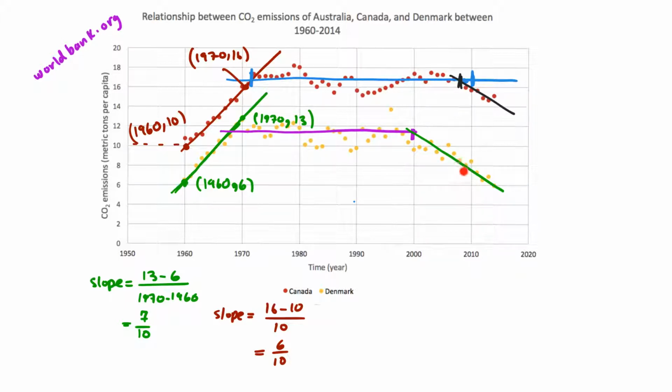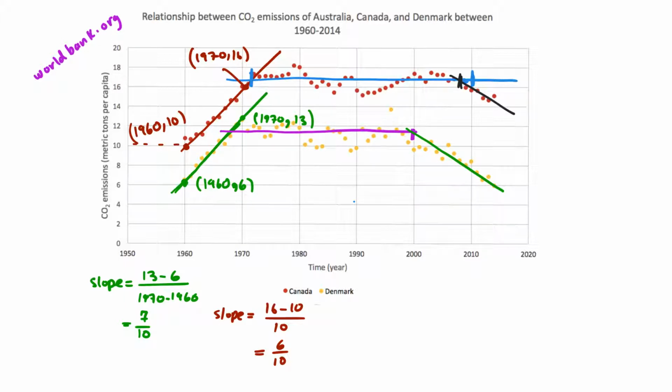You can find the slope over here to get an idea about what the rate of change is. You can see that Canada is starting to do the same, and if we were to draw a line of best fit, and again, my lines of best fit are by far not the best, you can see that they're approximately the same. So Canada started a little bit later, but we are actually doing a pretty good job with reducing our CO2 emissions.